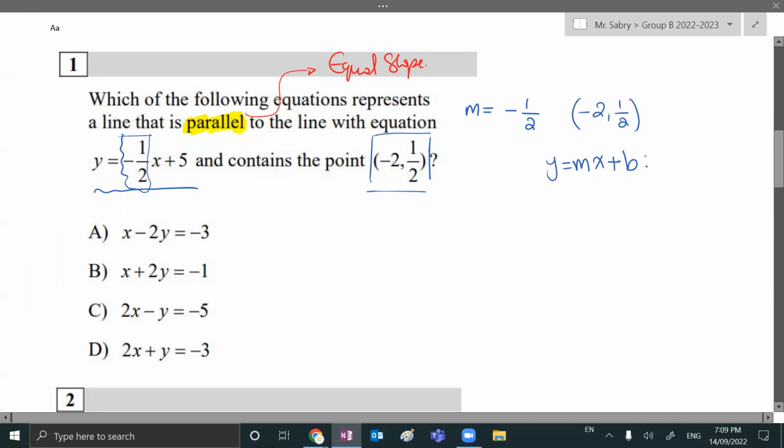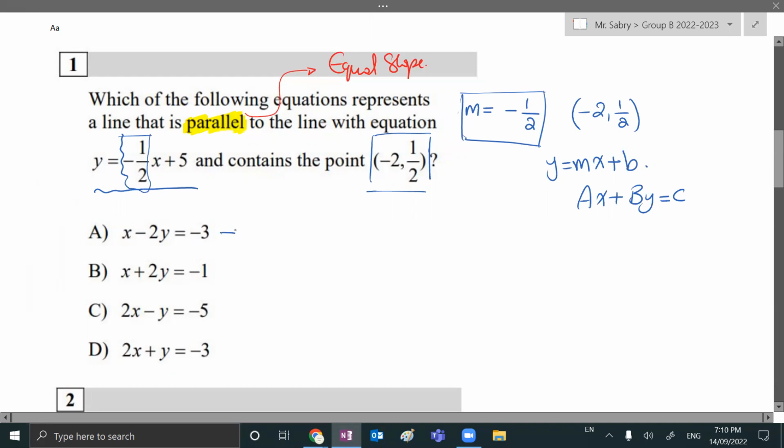But if you look at the choices, they are not in this form. The choices are all written in the standard form of ax plus by equals c. So the easiest thing to do is to check which of the following equations has the same slope as negative half before I even try to check the point.